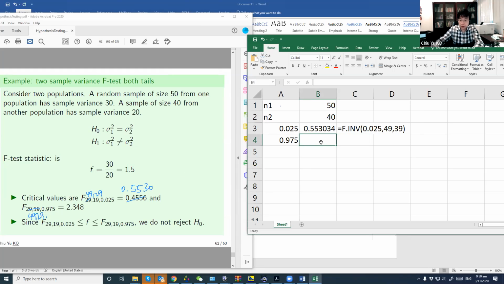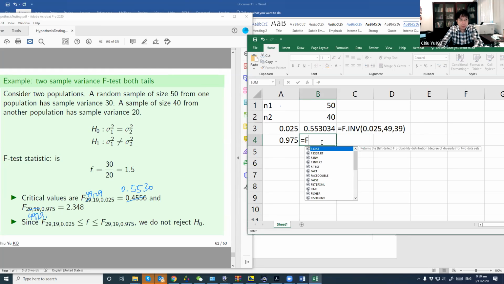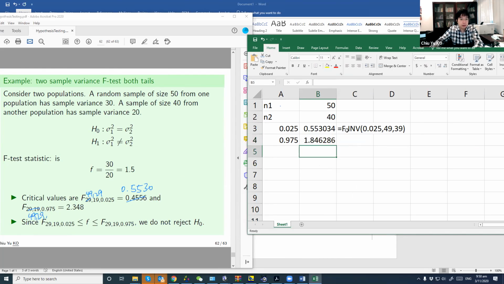So there are two ways to do it. You can use F.INV with 0.975 and 49, 39. Definitely can do that. Or the other way around, you can use F.INV.RT, the right tail, with 0.025, 49, 39.